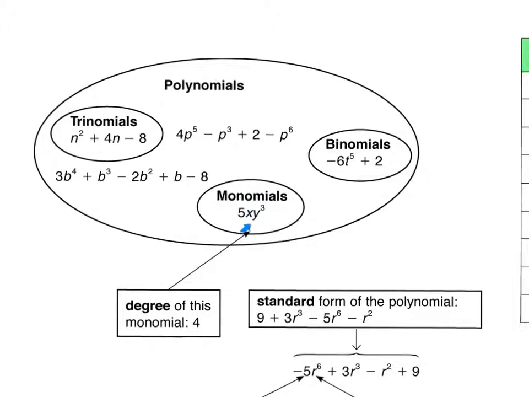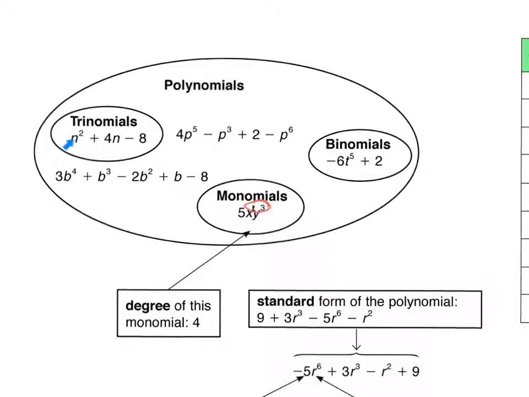A monomial is a single term. The degree of this monomial is 4 because there's an understood exponent of 1 right here at the x, and together 1 plus 3 is 4. So the degree of that monomial is 4.